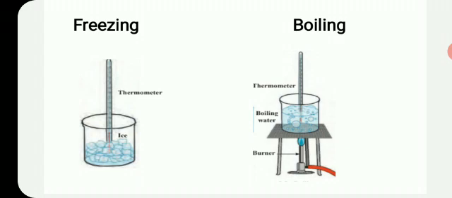In boiling, we are supplying the heat, while in condensation, we are removing the heat. In this way, the boiling point and condensation point of water are one and the same. Are you clear about the boiling and condensation process?